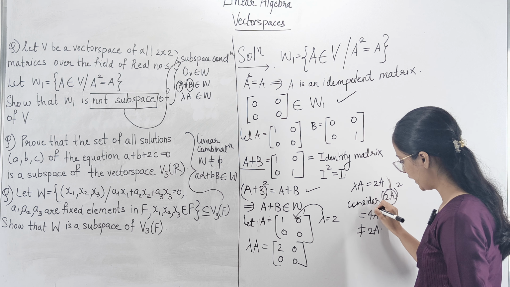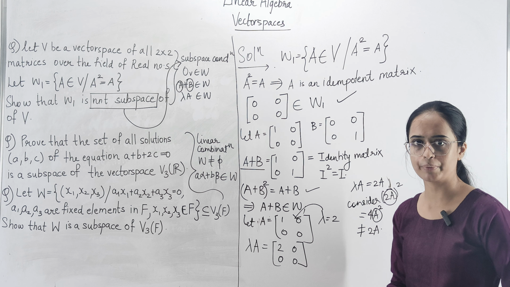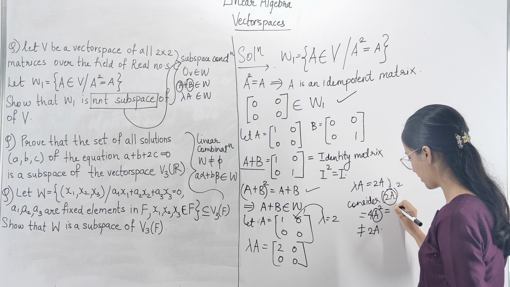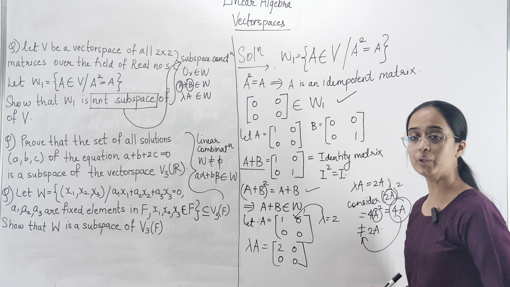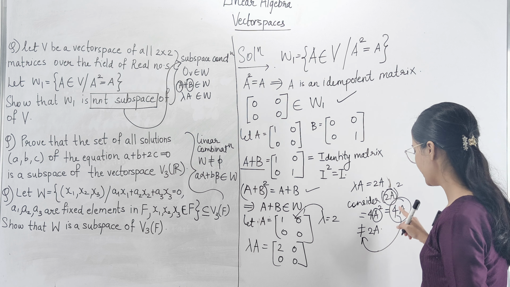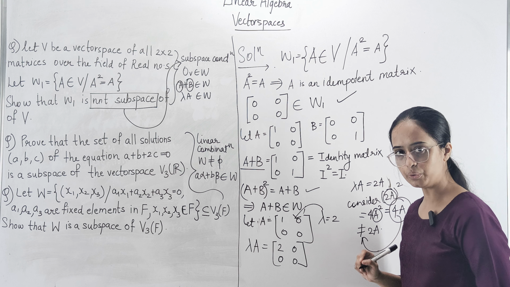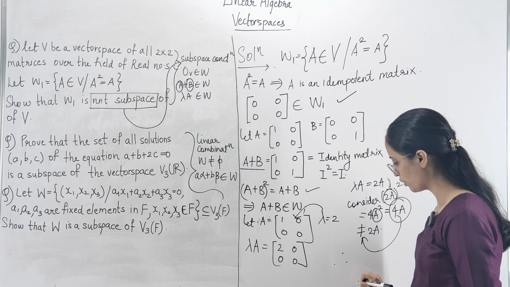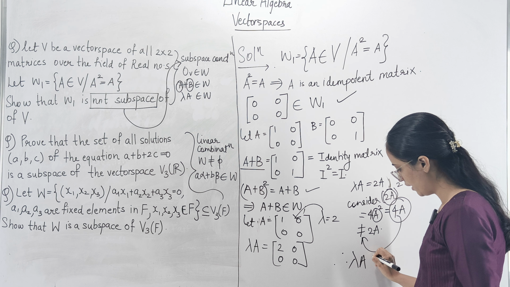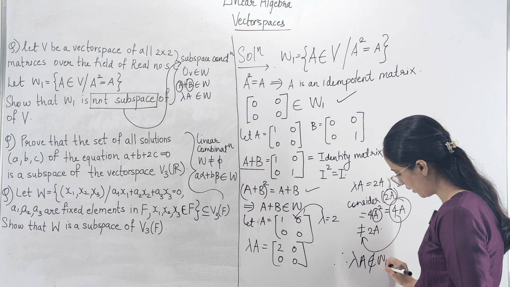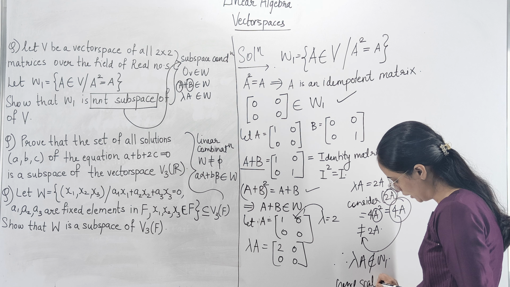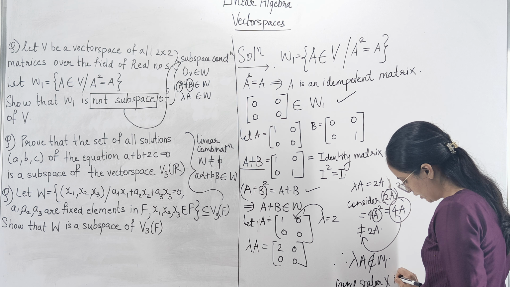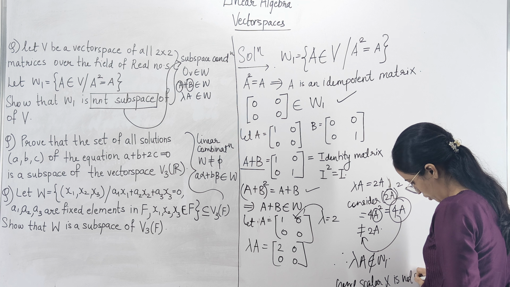Now here A is an idempotent matrix, so I can write A square as A, but we get 4A, we don't get 2A, and that is why I can say that 4A is not equal to 2A. Therefore you can say that lambda A does not belong to W1, hence your scalar multiplication is not closed.